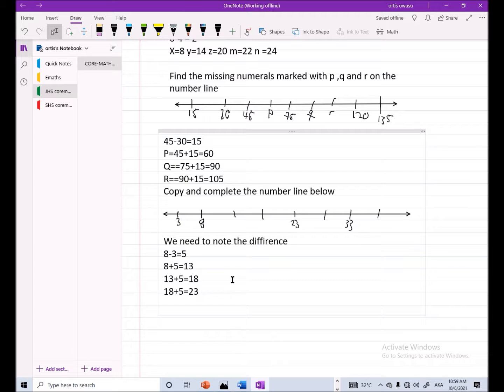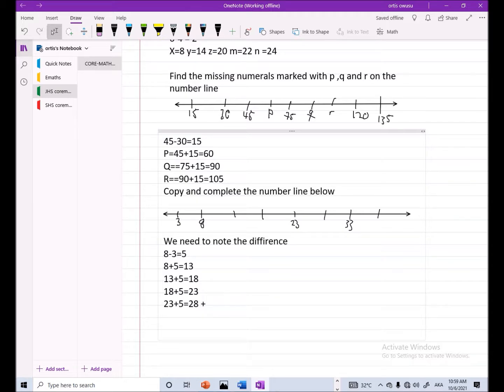So it means that I've gotten the range, right? Okay, so I write 23 plus 5. 23 plus 5 gives me 28.